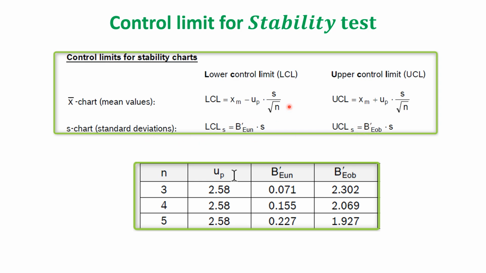Then whatever standard deviation you got for that particular reading is to be calculated and divided by the square root of n. If you have taken 3 readings, then root 3 will be there. You have to plot the limits, that is upper control limit and lower control limit. Xm is the master value. So you have the X chart limit and the standard deviation limit.